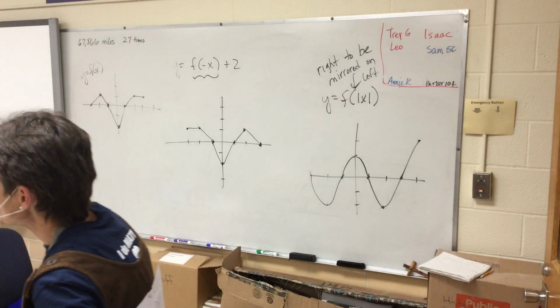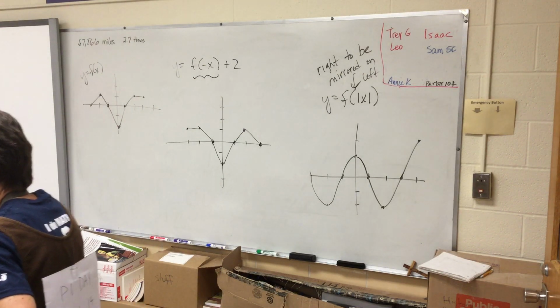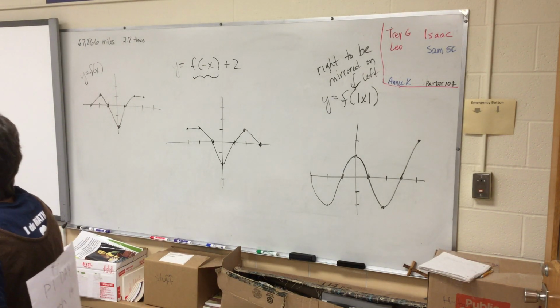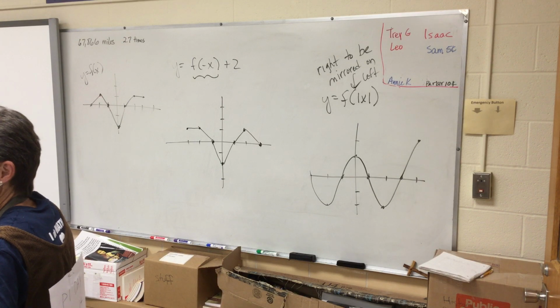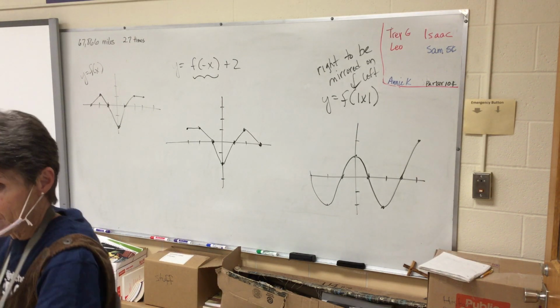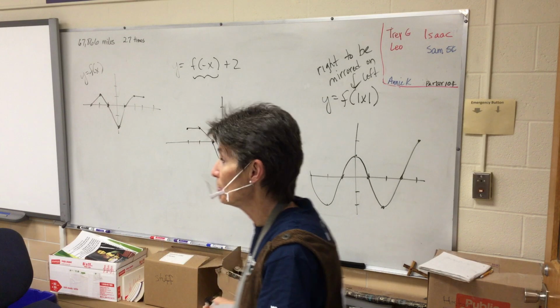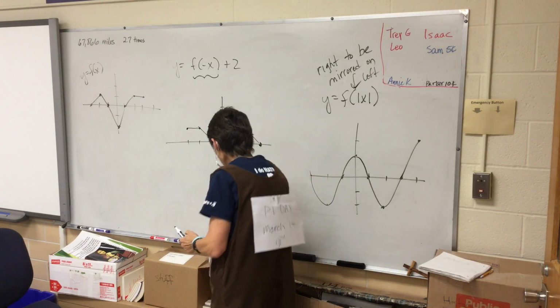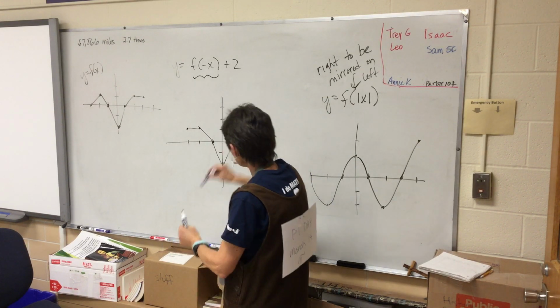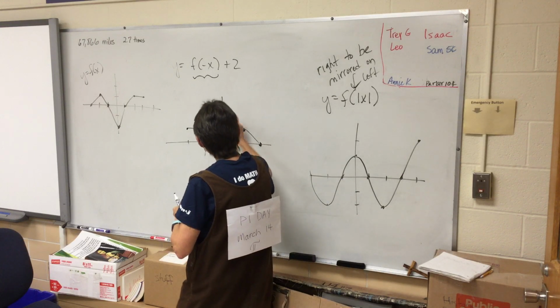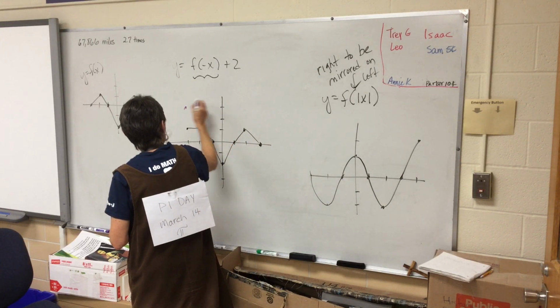Notice that plus 2 is not in the parentheses. It's on the end. What does that do? That's up 2. That's your up and down movement, and plus 2 means up 2. So you're going to take this picture right here, and you're going to move everything up 2.